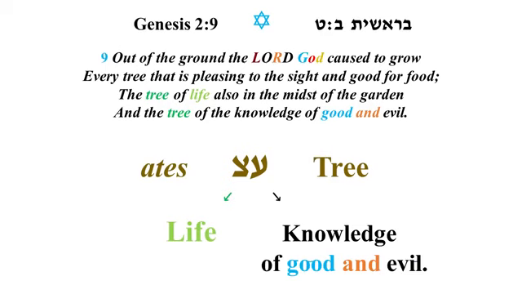So you had the two trees. They ate from the one they weren't supposed to. God was not going to let them now eat from the tree of life, which I think would have let them live forever. All right? And by the way, this ayin represents eye, and you take in information with the eye, right?